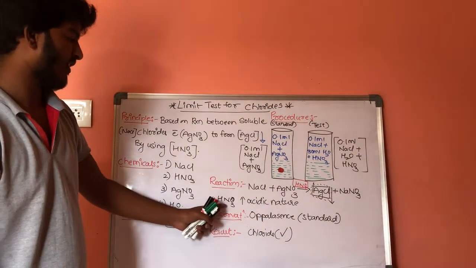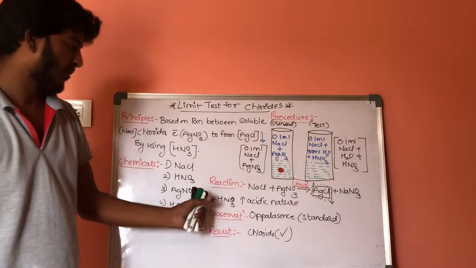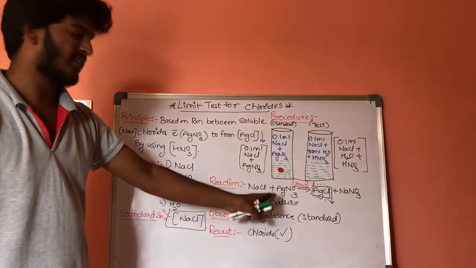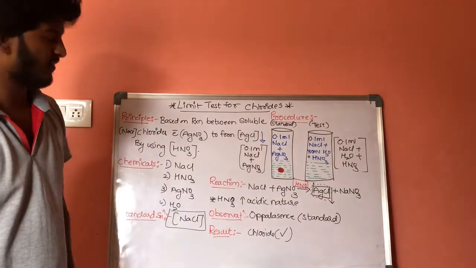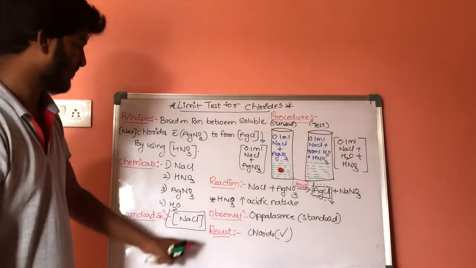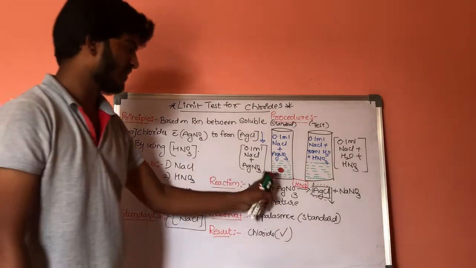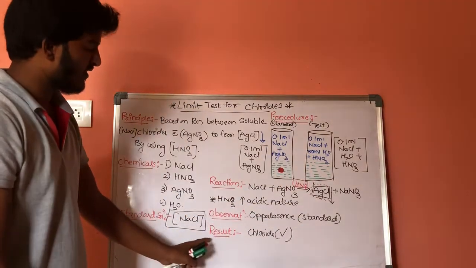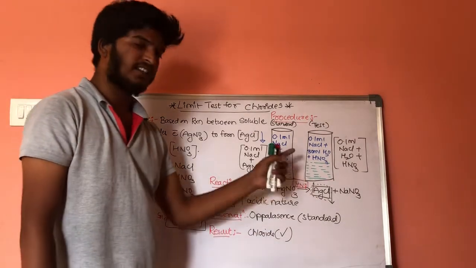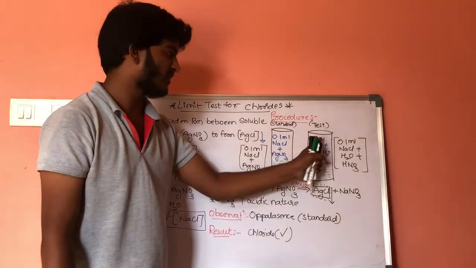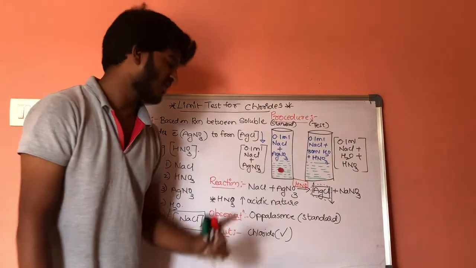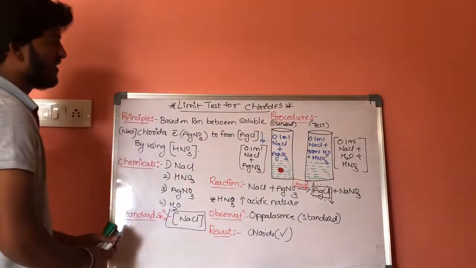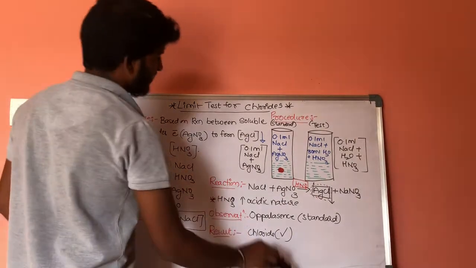The importance of nitric acid is that it increases the acidic nature of the solutions. The observation is that opalescence can be seen in the standard solution compared to the test solution. The result is that if the opalescence in the test solution is lesser than in the standard solution, then the test for chlorides is passed. This is about the limit test of chlorides.